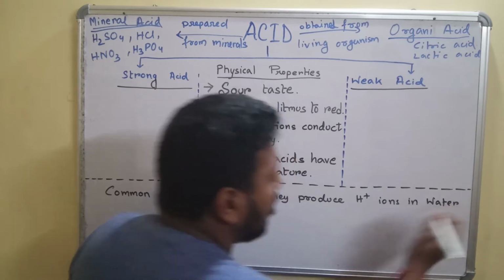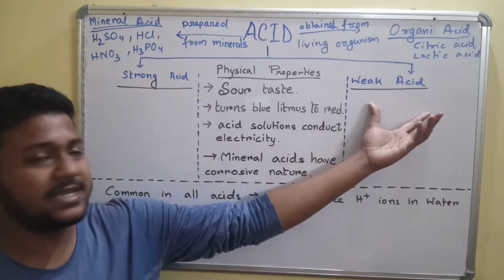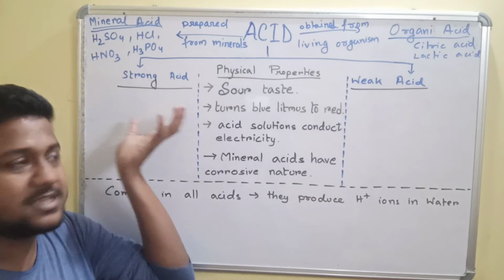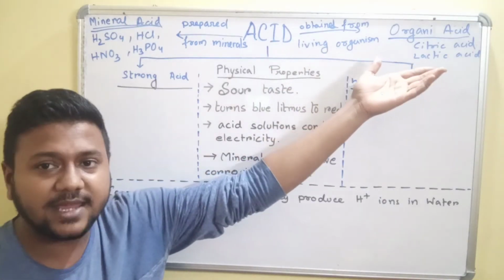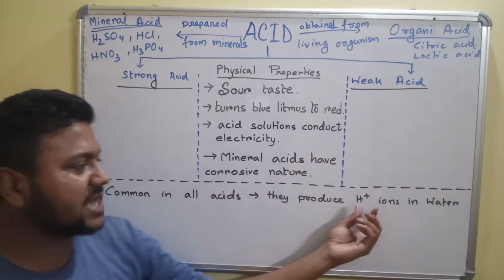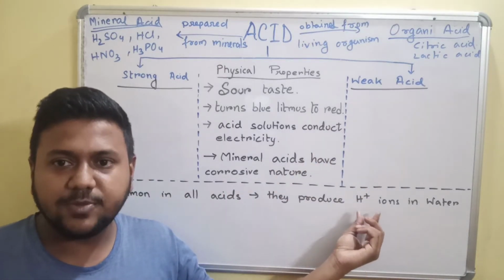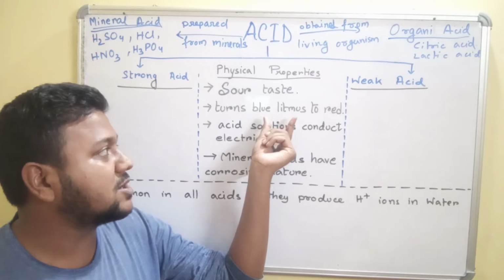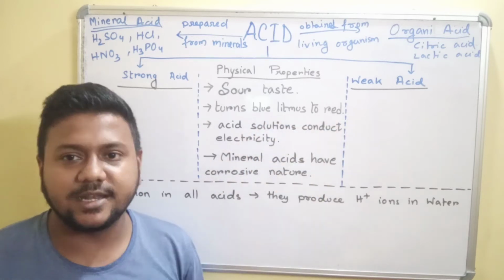When any kind of acid is dissociated, either mineral or organic, either strong or weak, it gives H plus ions, because of which blue litmus paper turns red in color.